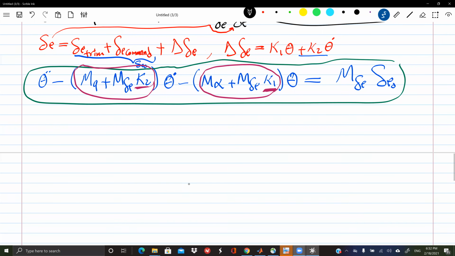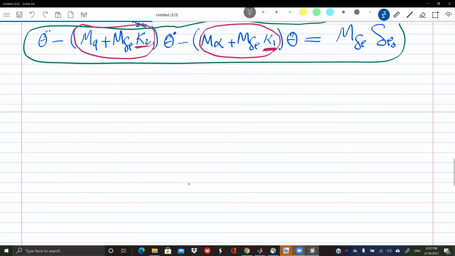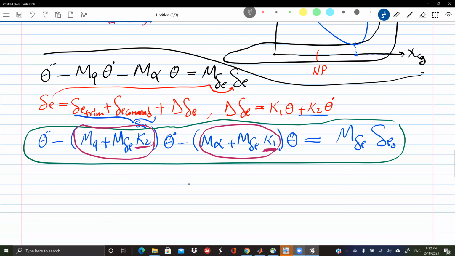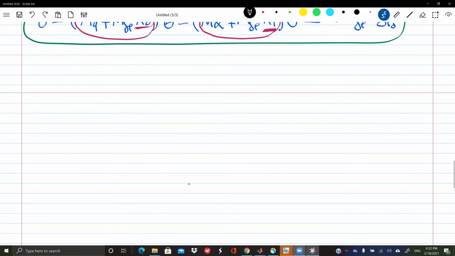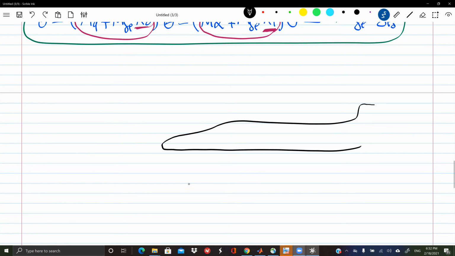How do we implement it in flight? That's also easy. This is my elevator, and there is a servo here that moves your elevator.